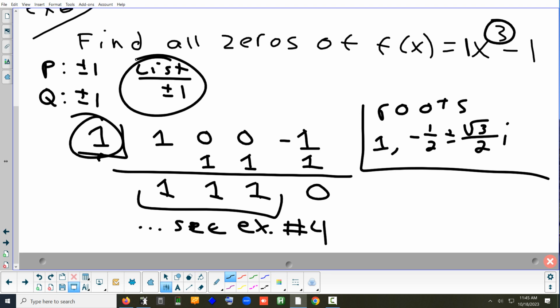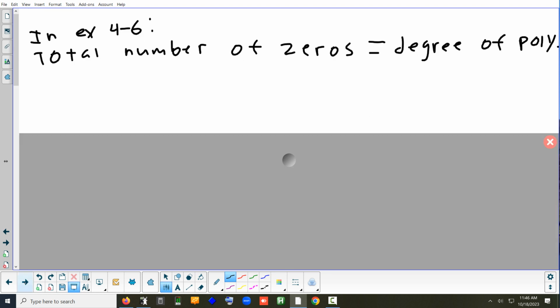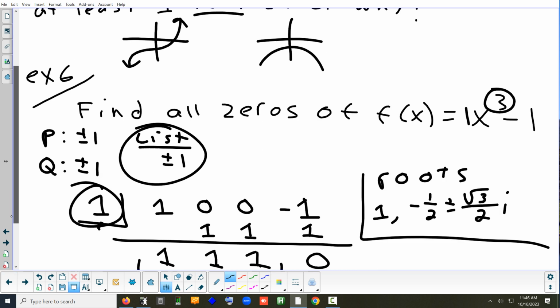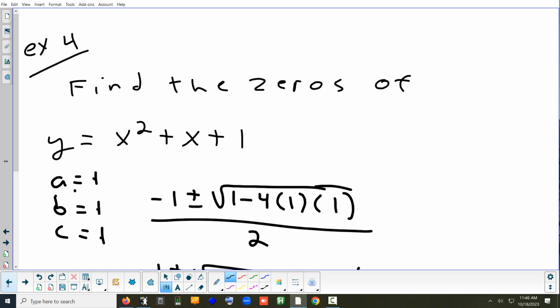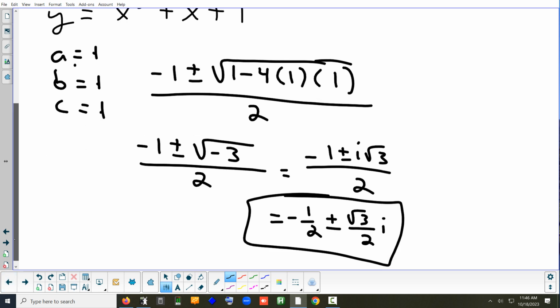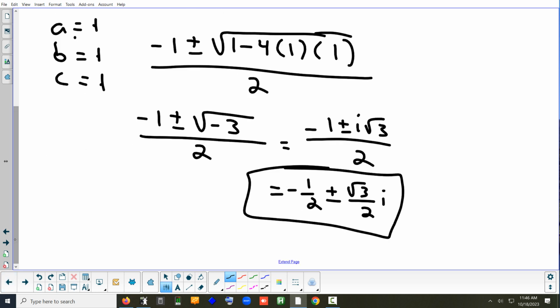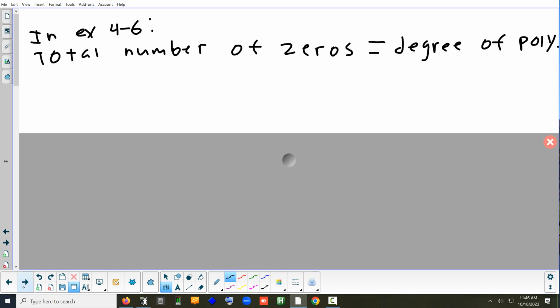Just to double check, the highest degree of the polynomial is the amount of roots it has, right? Yes. So notice here the highest degree was a 3. We had 3 answers. When we did this one, the highest degree was a 2, and we had 2 answers. In fact, that's what I'm going to write down right now.